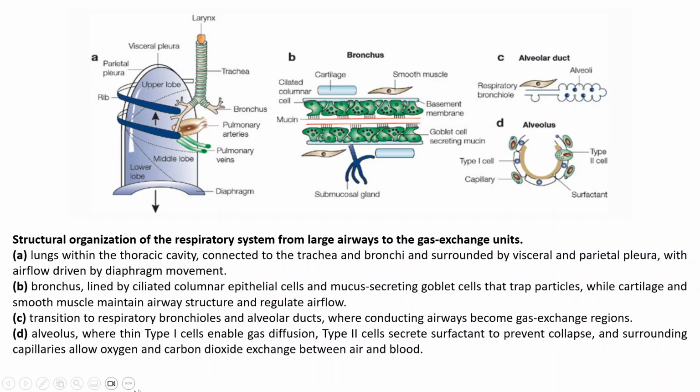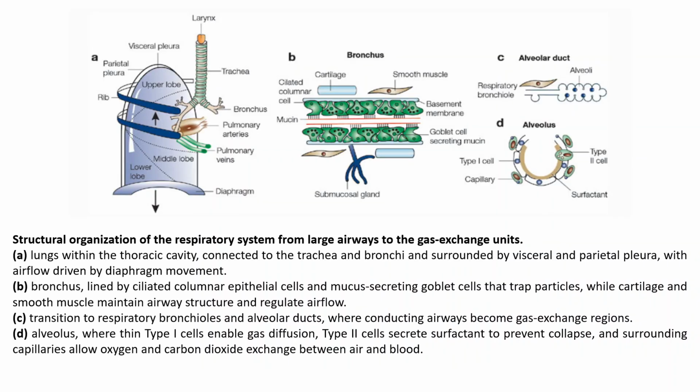Surrounding these alveoli, you have capillaries carrying blood, and that allows the oxygen and carbon dioxide exchange between air and blood at the level of the alveoli. So that's the cellular structural organization of the respiratory system. I think that's the summary I had.